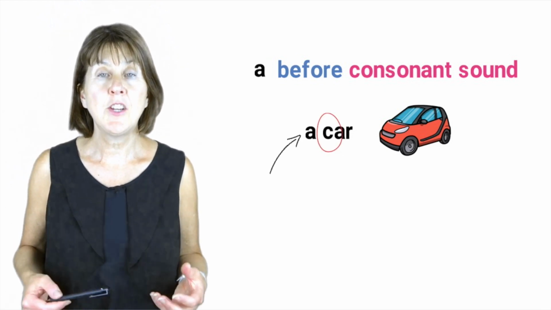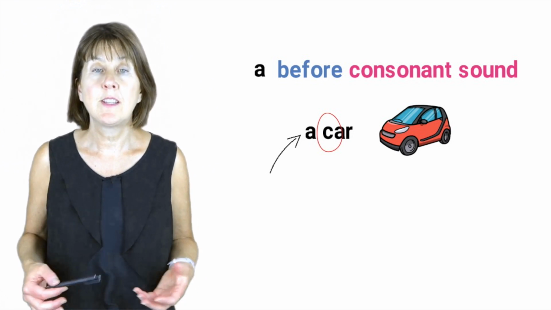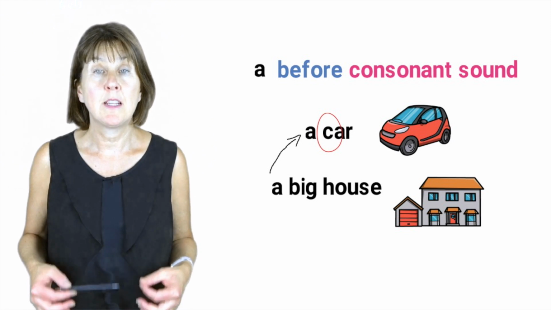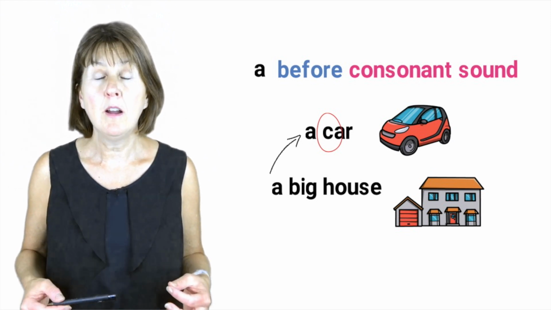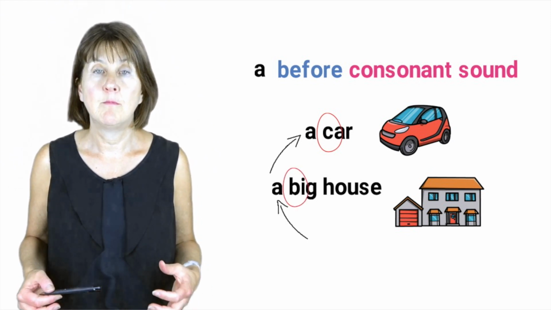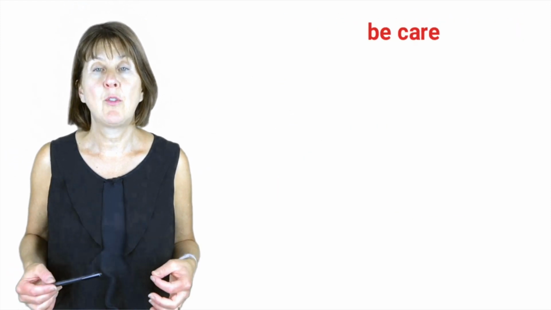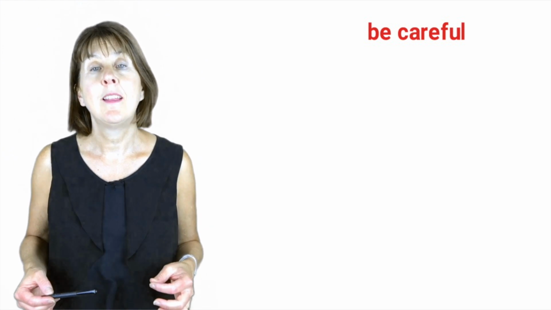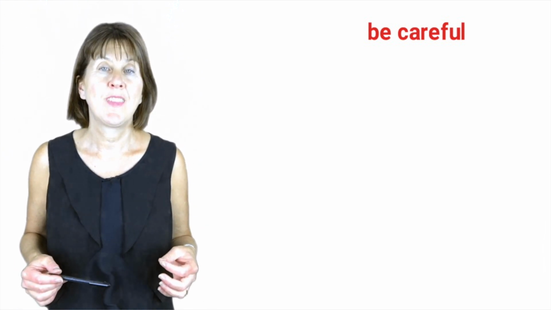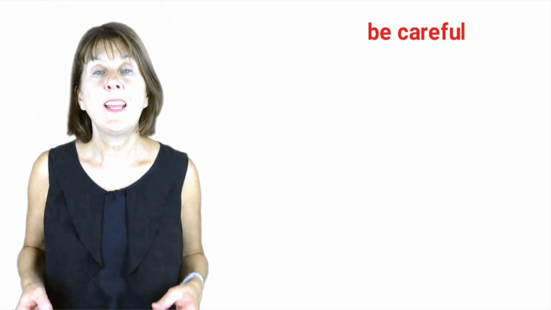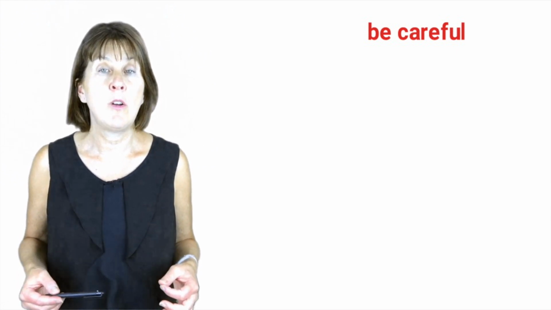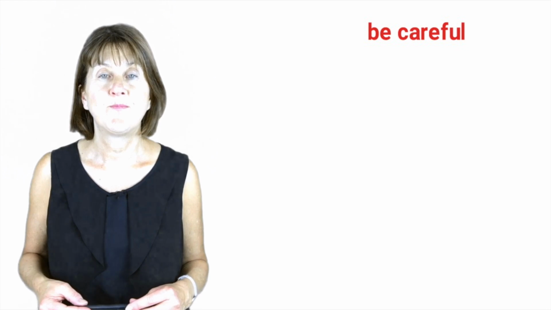And before an adjective and a noun, for instance, a big house, a is followed by a consonant sound, ba, so we use a. But be careful, the importance is the sound of the letter following the indefinite article. If the sound is a consonant, even if it's written as a vowel, we use a.